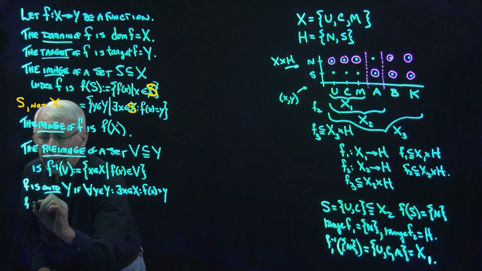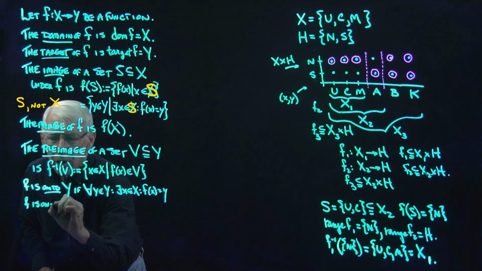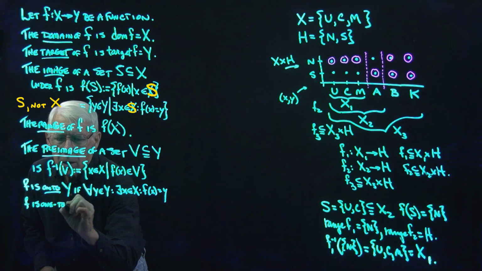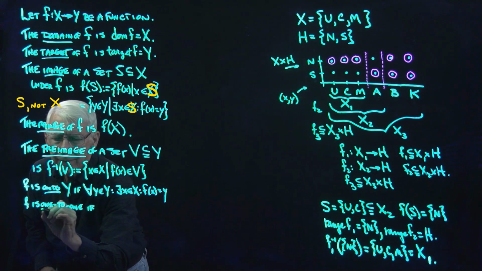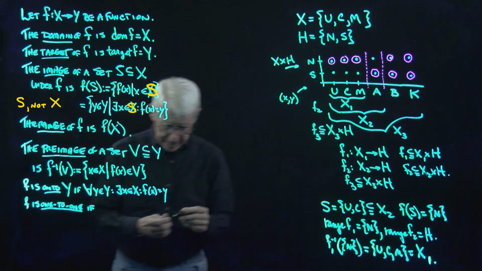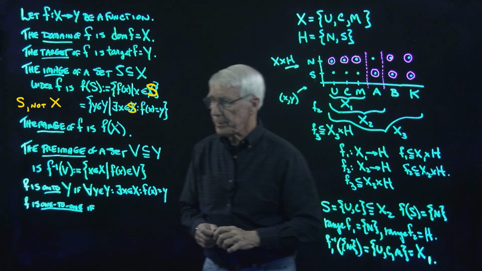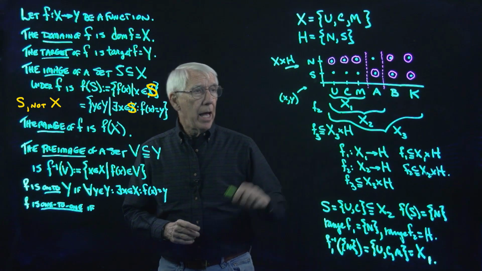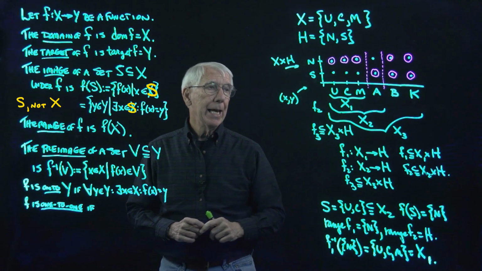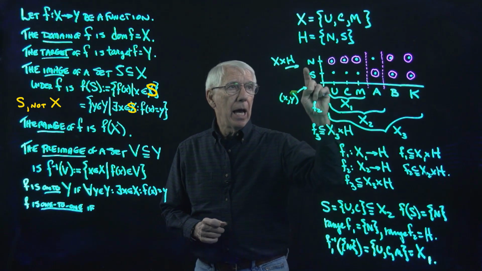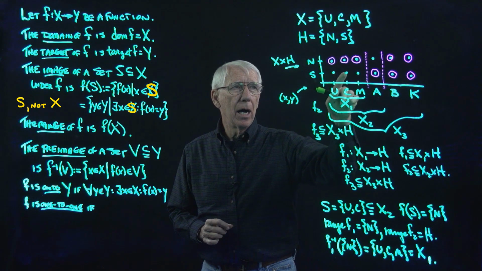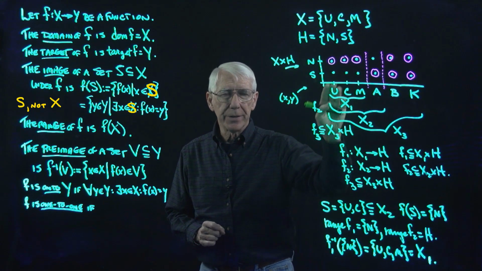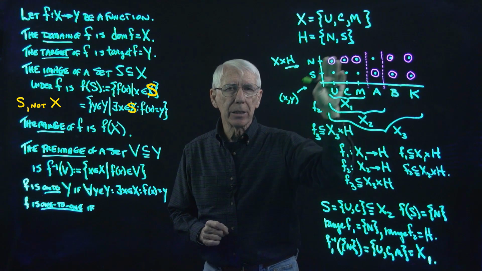We say f is 1-to-1 if an element of y only gets hit once, that there's only one x that goes to the y.